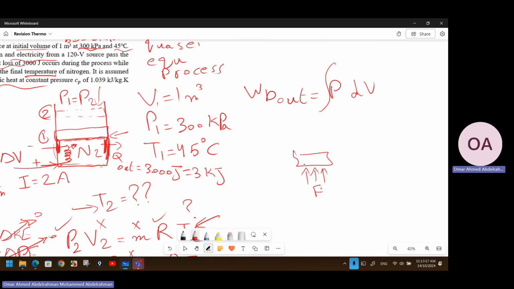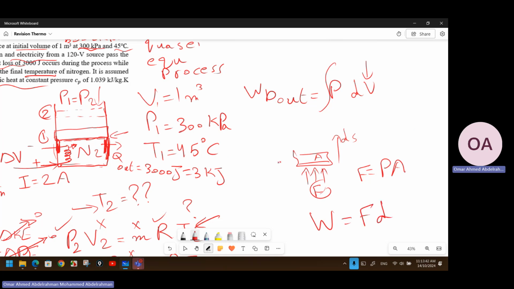This force is acting on an area, and the piston will move a differential distance, ds. So A times ds is dV. And the force is pressure times area. And any work is force times distance, right?